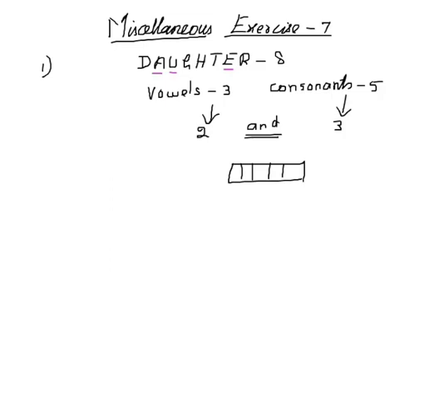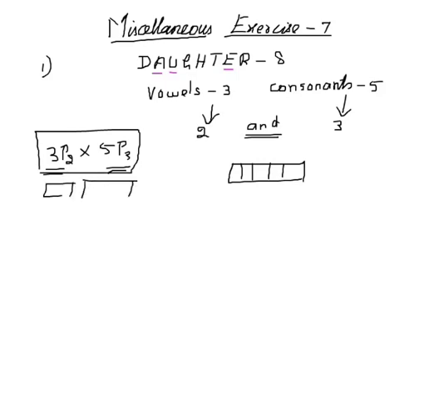What happens if we arrange at the beginning itself? If I write 3P2 times 5P3, that is 2 vowels are selected and arranged, 3 consonants are selected and arranged. Okay, but this is wrong because in this answer the vowels are together and 3 consonants are together. The question doesn't say like that.